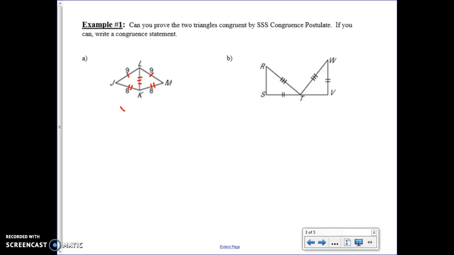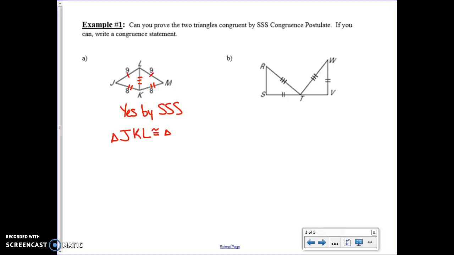So I can say yes, and I'm going to go ahead and say by side because we're going to get some more shortcuts later on. Right now that's the only one we have. But then I can say triangle JKL is congruent to triangle. Now here's where I have to be careful. So J to K is 8 long.